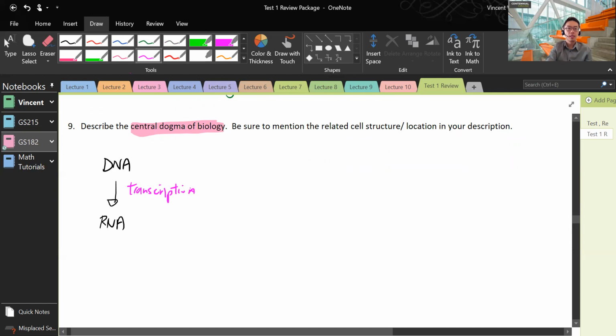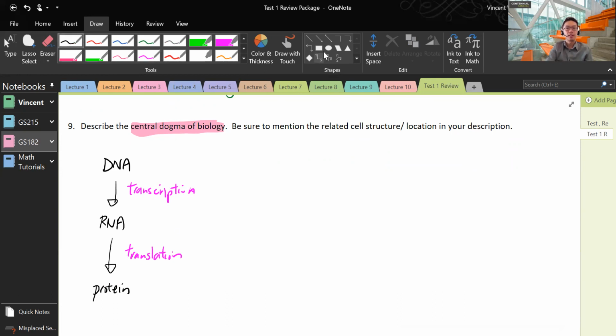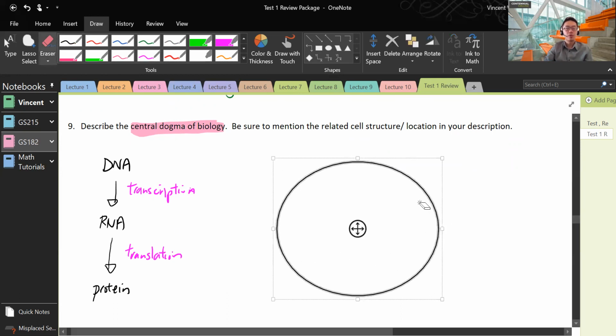Okay, transcription. And then the RNA is going to now go to the cytoplasm, where it is going to be used by ribosomes to make proteins in the process of translation. All right. So there is your cell. There's your nucleus.